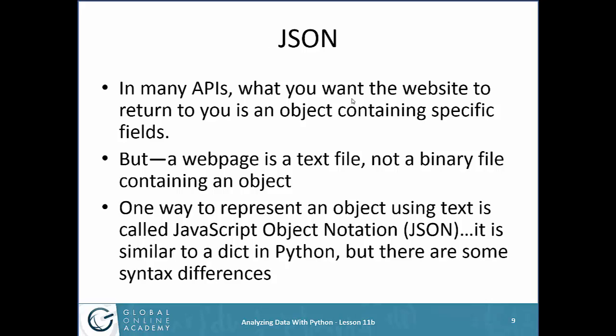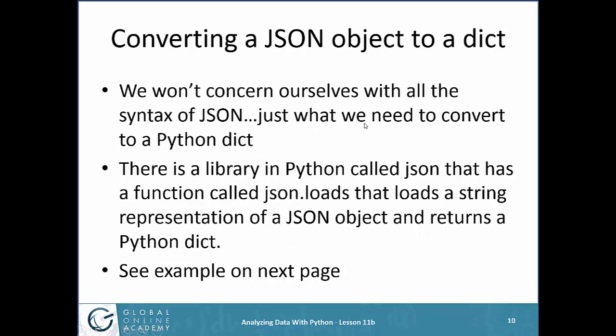There's some syntax differences, but it's very similar to a dictionary in Python. It's got a name of a field, a colon, a value for that field, and so on. So we're going to take JSON objects, which are text strings, and turn them into Python dictionaries.